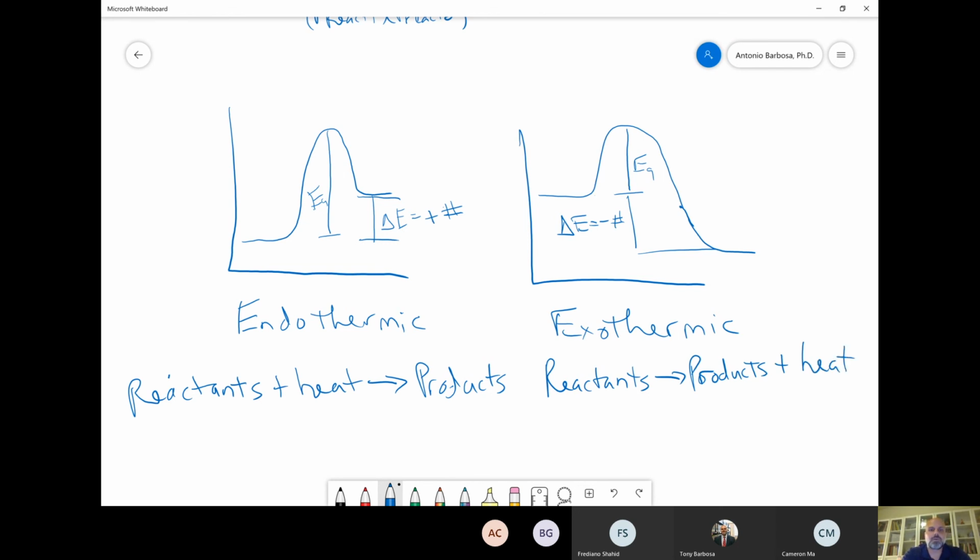So if you add heat to the reaction on the left, because heat is on the left-hand side of the equation, these are supposed to be, I should probably correct these, these are equilibrium arrows.